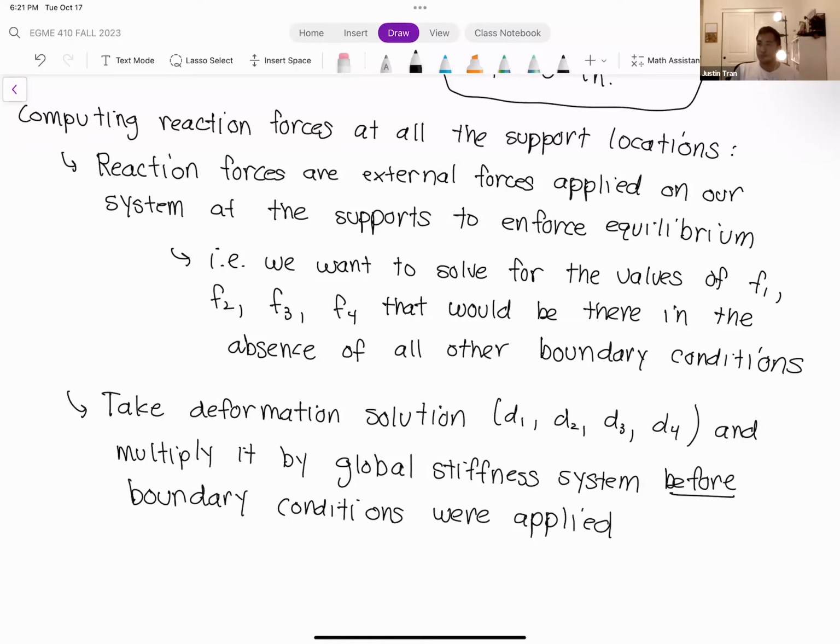That's why, during this problem, I saved that original global stiffness system, because we're going to use it to compute the reaction forces.